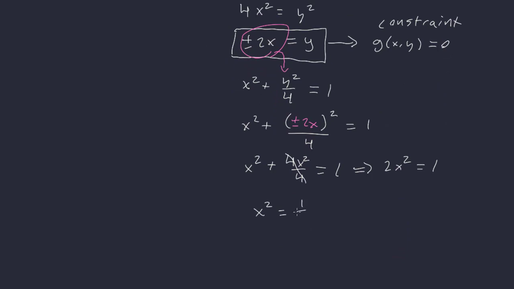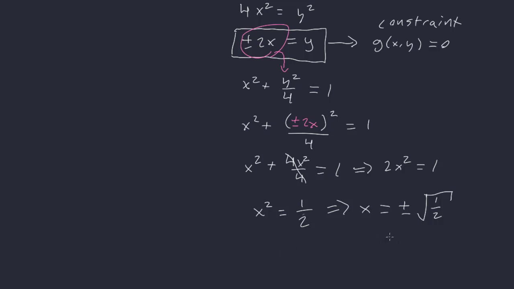So x squared is equal to 1/2. So x is equal to plus or minus the square root of 1/2.